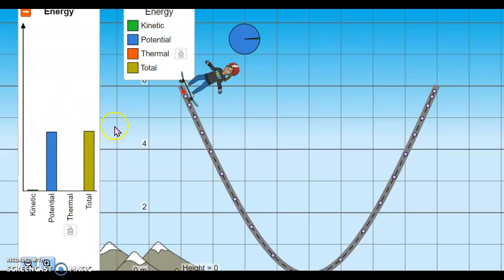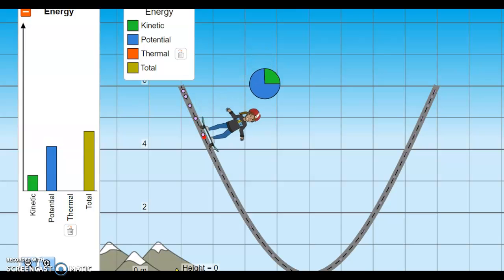Now I want you to look at this part here as the girl goes down and up again. Observe what will happen to the kinetic and potential energy and the total energy present in here. So observe as she goes down, potential energy is decreasing while kinetic energy is increasing. And observe the total amount of energy is not changing.